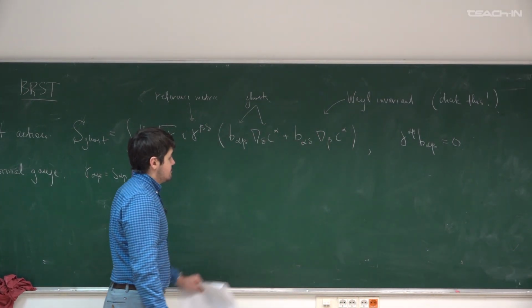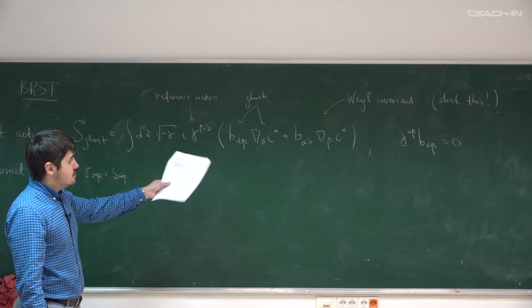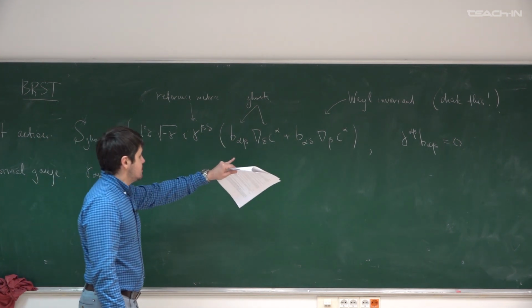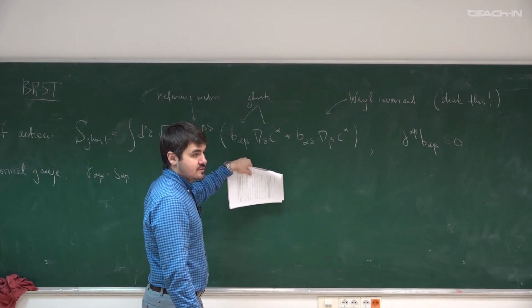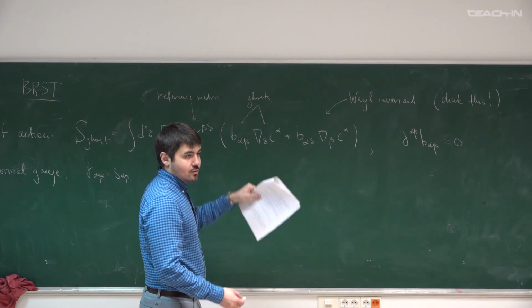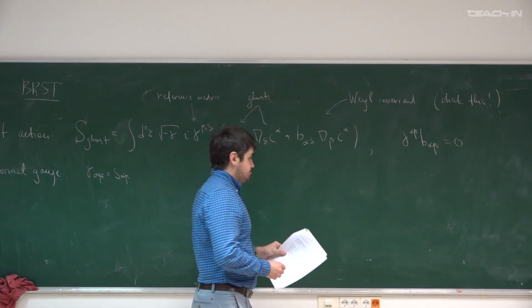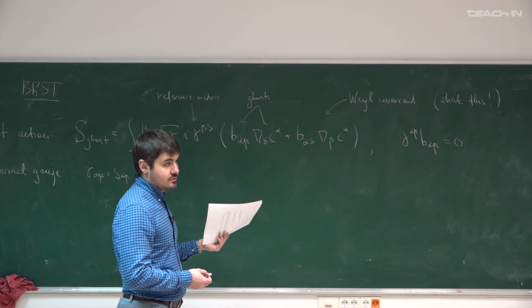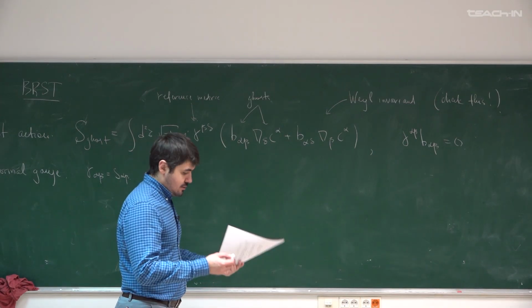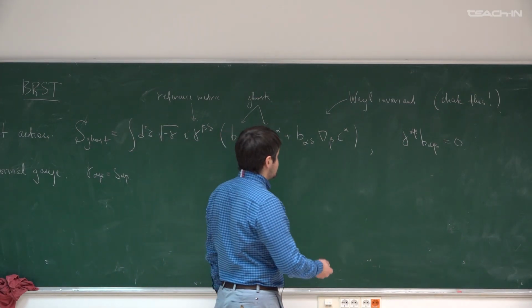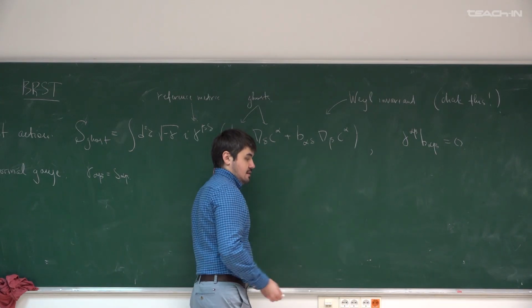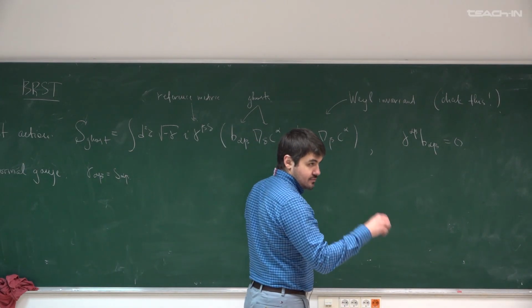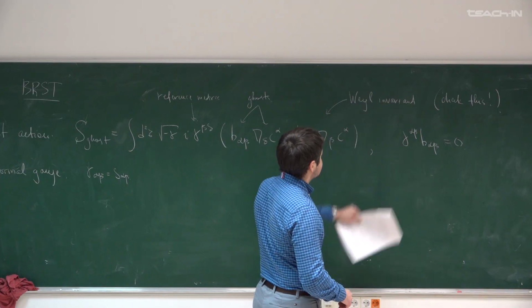This really depends on the fact that we've written C with an upper index and B with lower indices. If you lower or raise the indices, then your fields might become charged under the Weyl symmetry, right? When you lower or raise the indices, you contract with the metric, and the metric contributes extra factors to the Weyl transformation.